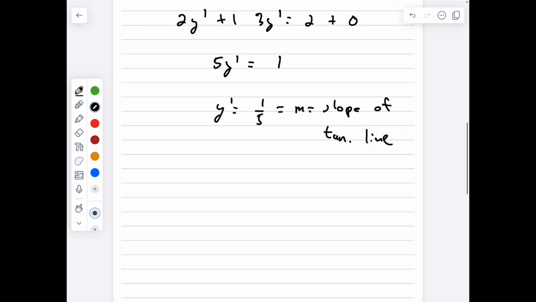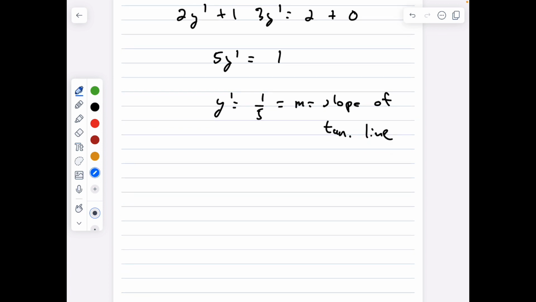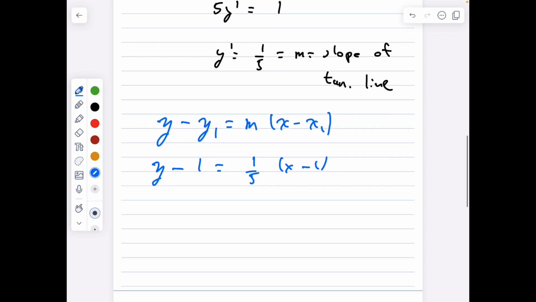And now I'm going to get my equation going, and there are a few ways to do that. My preferred form to write out is the point-slope form. In our case, my point is (1, 1), and my slope is a fifth. So there you go, you can work with that as your final answer.